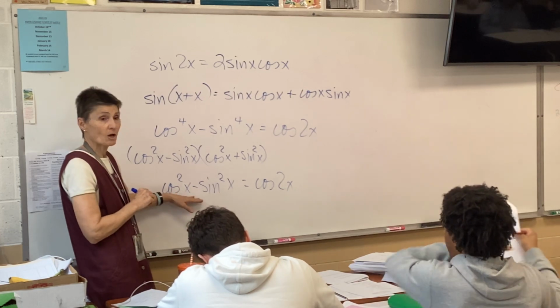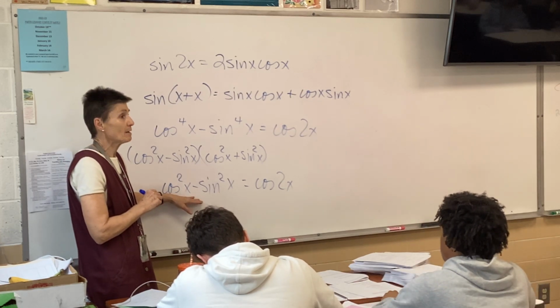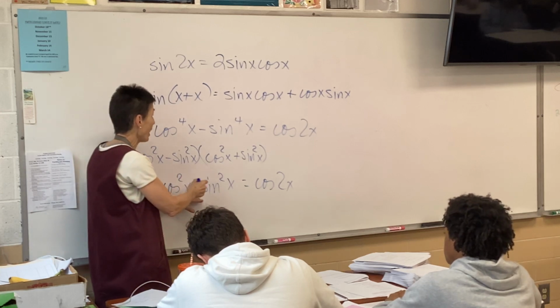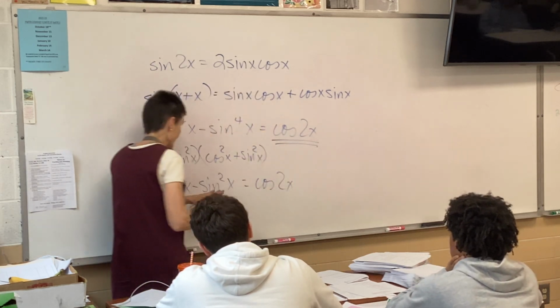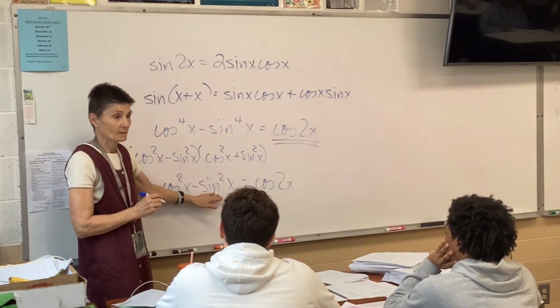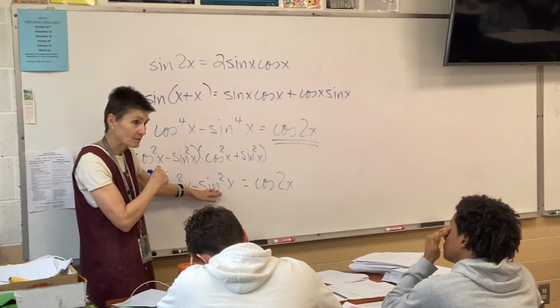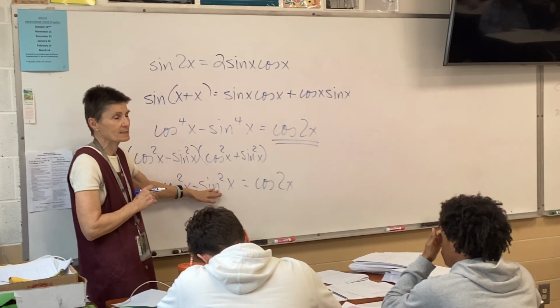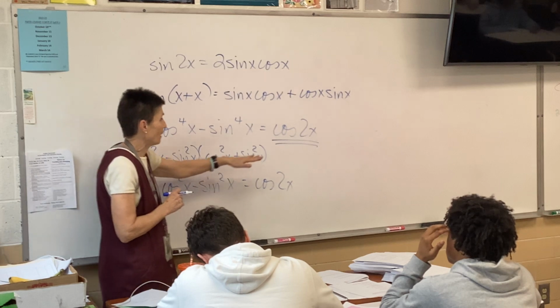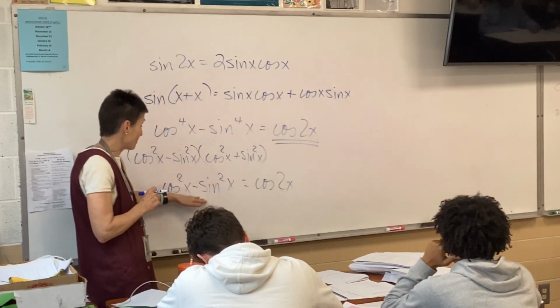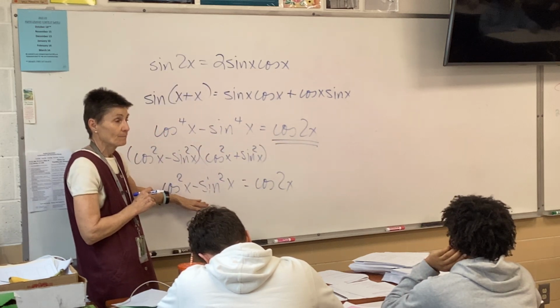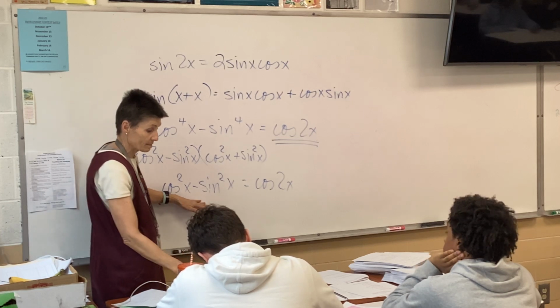Now, this is also the difference of squares, but why would I do that? My job is to end up with this. Isn't that what this is? Yeah, so I know I could factor this, but it doesn't serve my purpose this time. I want to end up with cosine 2x, and that's what this is. This is cosine 2x.